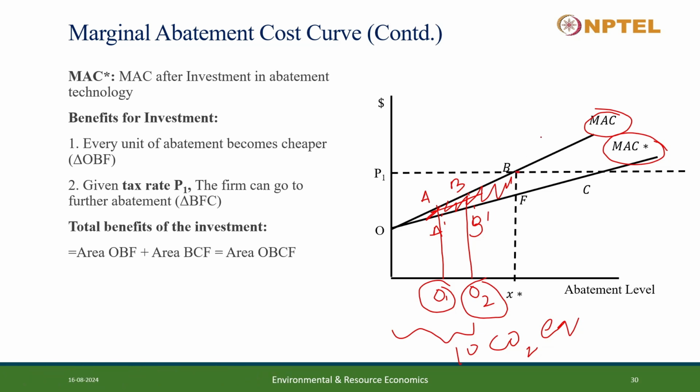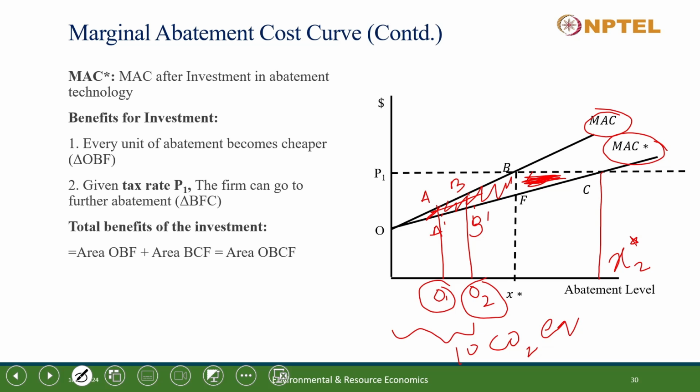After this, from triangle BFC, this will be the curve which the firm will further reduce. Till point X2 star, the firm will try to reduce its emission.